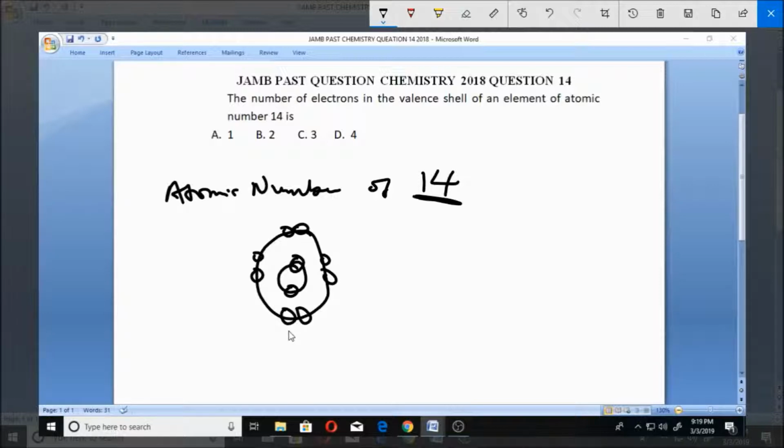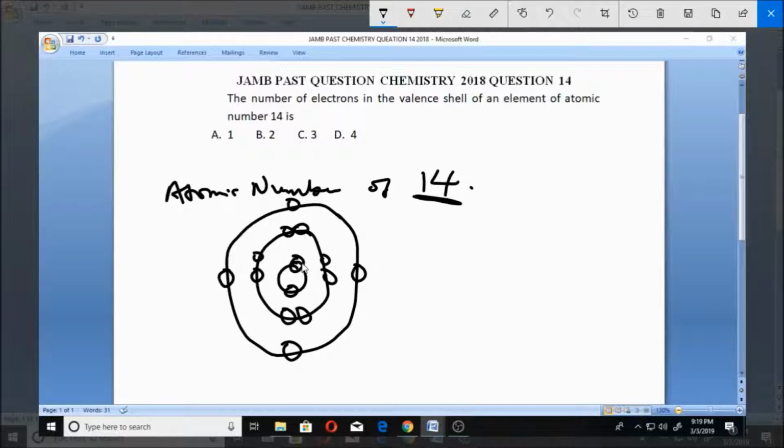8 has completed it. But is it up to the atomic number here? Here is 14. So we have 1, 2, 3, 4, 5, 6, 7, 8, 9, 10. So it's still 10, remaining 4. So we have to have another electron shell, but this time around it will not be up to 8 because what is remaining is just 4. So we have 1, 2, 3, 4.